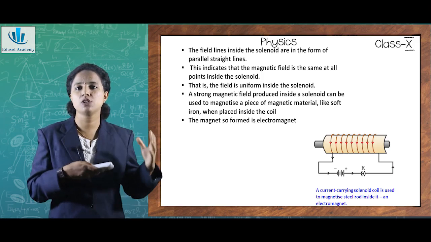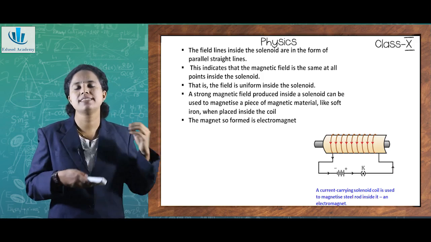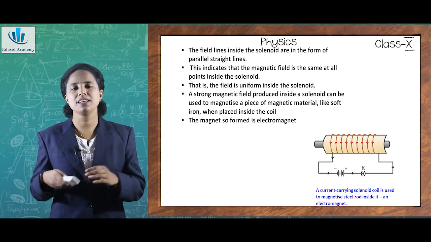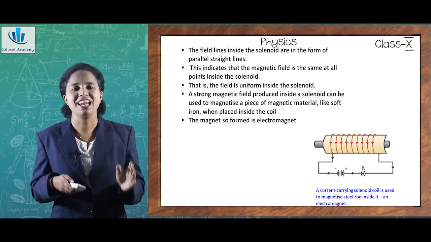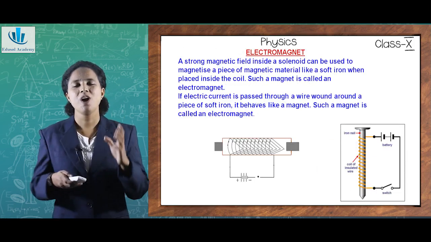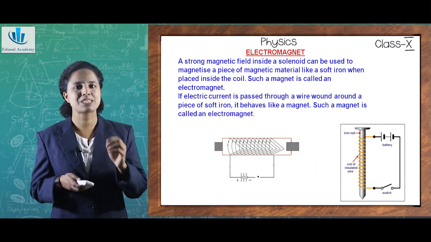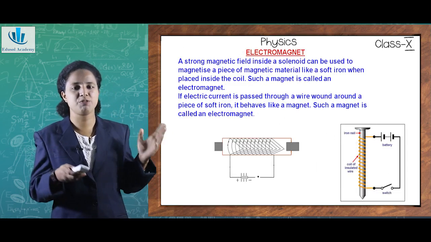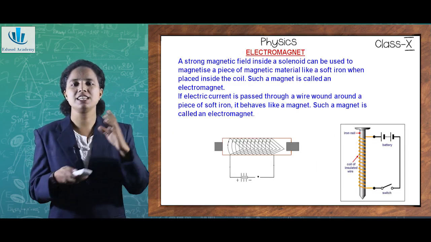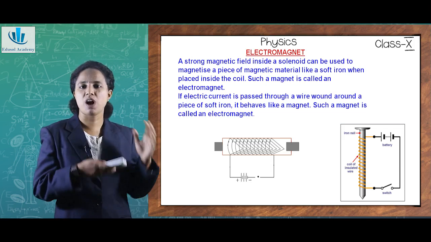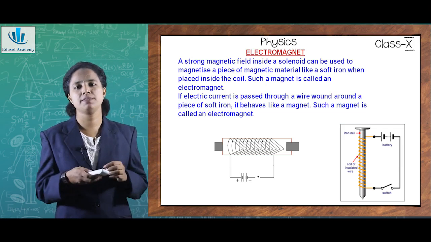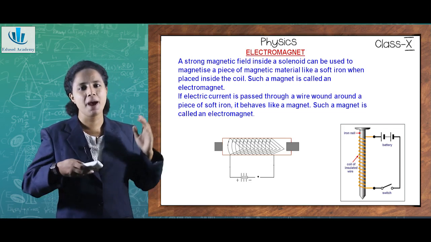Just like that, you can also keep soft iron inside the coil, and the magnet then formed is called an electromagnet. So electromagnet is of great importance. So what was an electromagnet? As you can see in the figure, if electric current is passed through a wire which is wound around a piece of soft iron, it would also behave like a bar magnet.